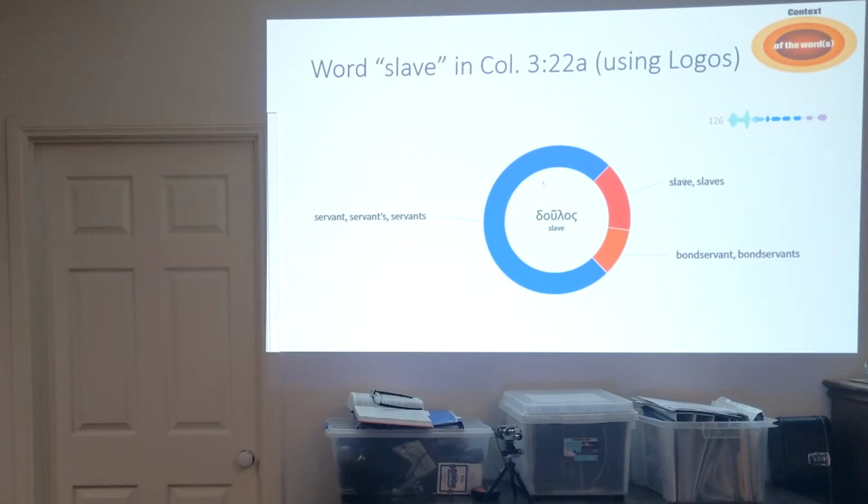And doulos, the Greek word, is translated this much in the New Testament as servant or servants. In fact, this over here is a map of the usage of the word doulos in the New Testament. So you can see it's used a lot in the Gospels, they're the pale blue.